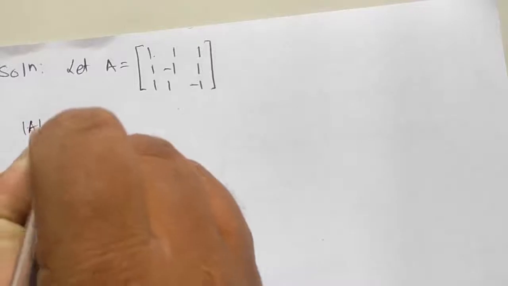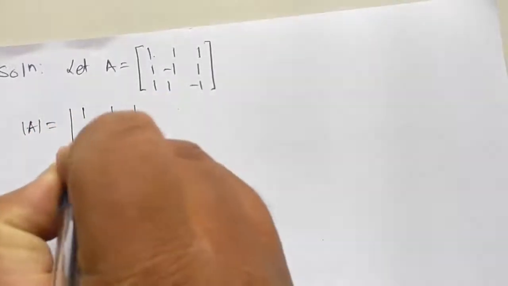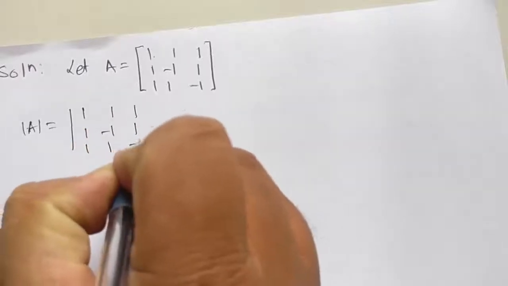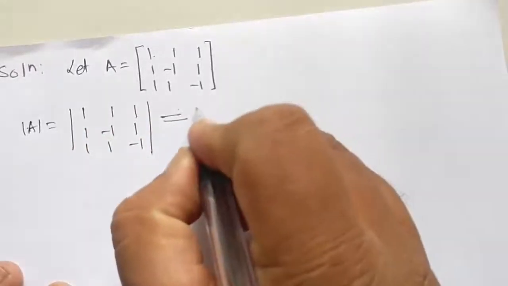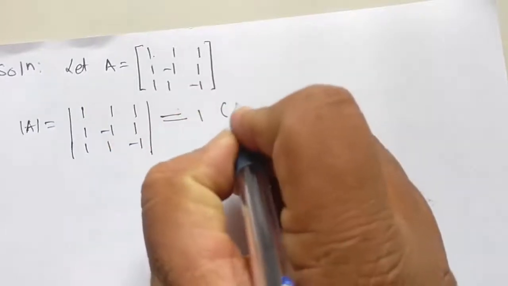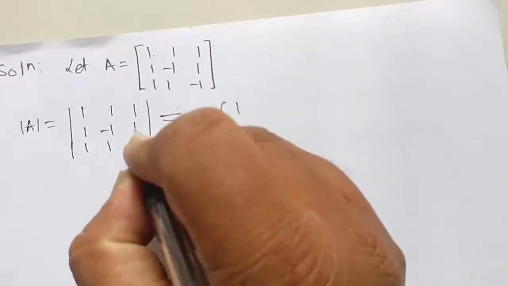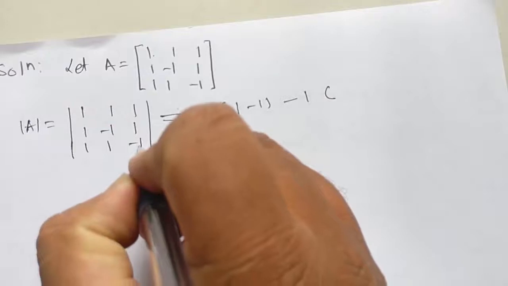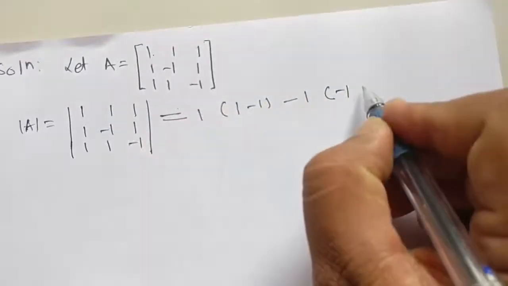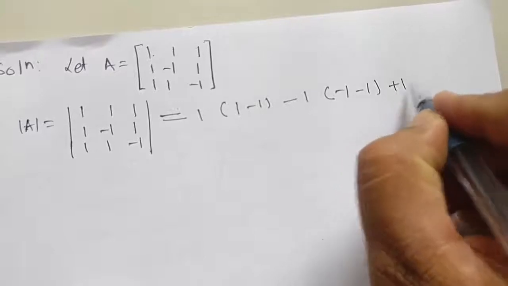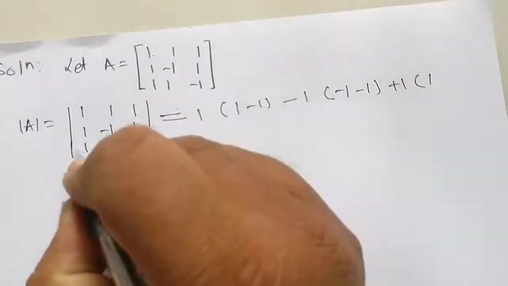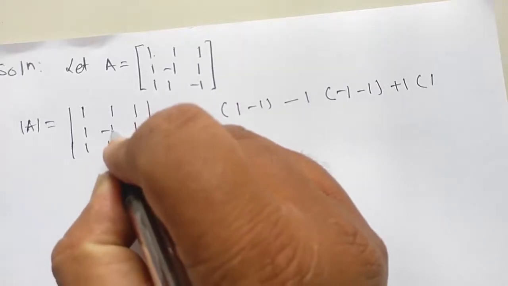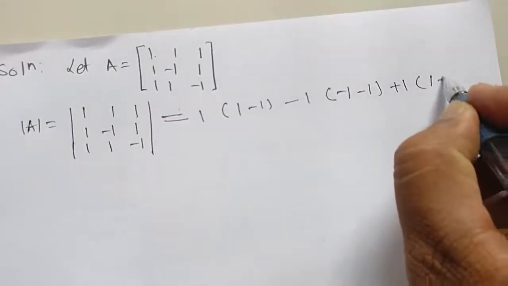Determinant of A, we expand with the help of the first row: 1 into (minus 1 into minus 1, that is plus 1, minus 1 into 1), second element minus 1 into (1 into minus 1 minus 1 into 1), plus 1 into (1 into 1 minus minus 1, that is plus 1).